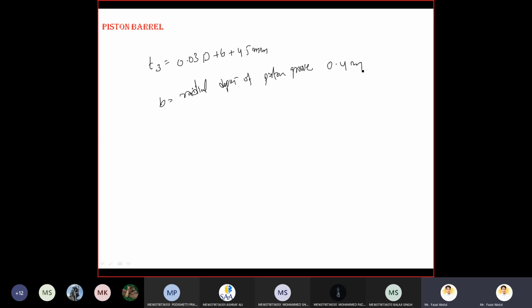Its value is 0.4 mm larger than the radial thickness of the piston ring, that is T1. Means the b value should be greater than this T1.